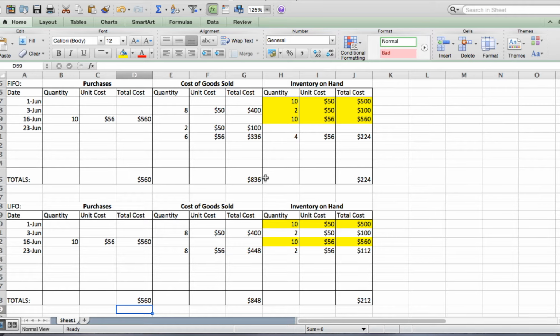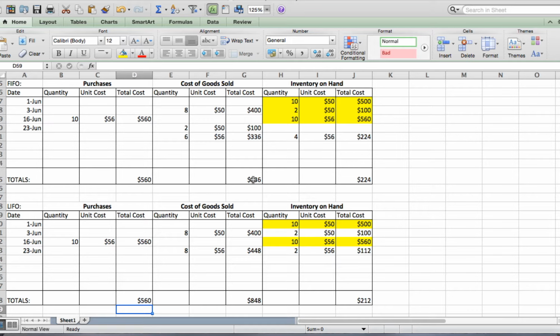Whatever the difference is between one, you just know that instead of charging that amount to cost of goods sold, under the FIFO method, that cost is still captured within the inventory on hand account. Under LIFO, it's not captured in inventory because we've added it into cost of goods sold.